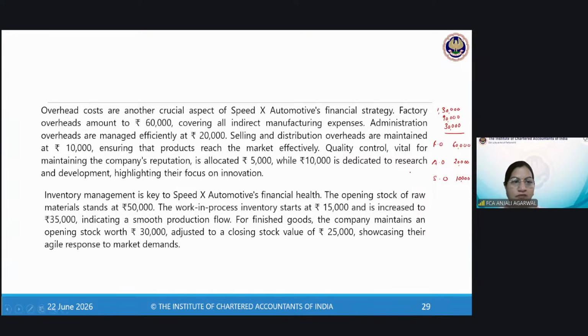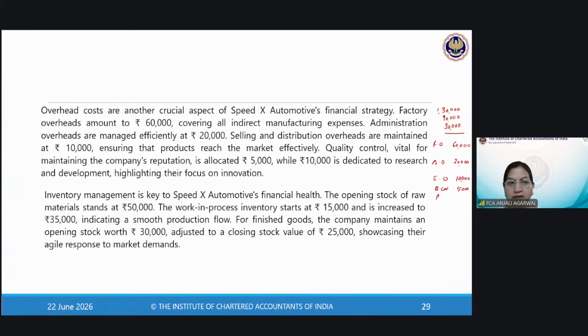Quality control, vital for maintaining the company's reputation, is allocated to rupees 5,000. So quality control is, as it is not specific to this particular product, allocated here. So I'll not put it as part of cost of production, but I'll put it as part of selling expenses.